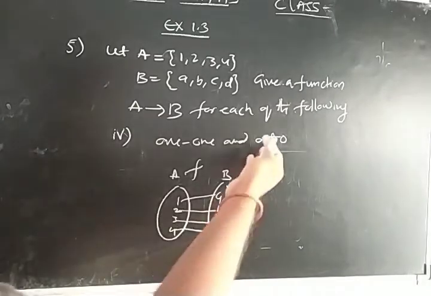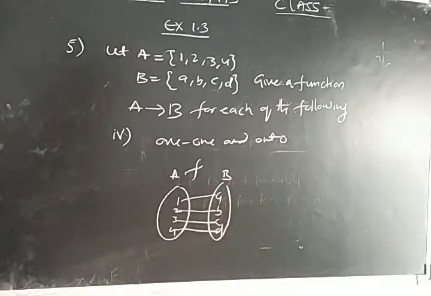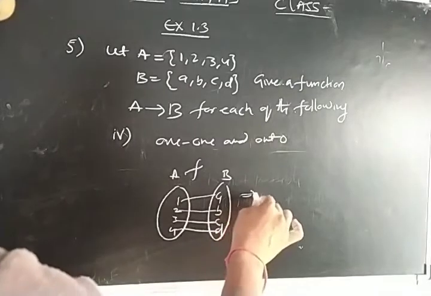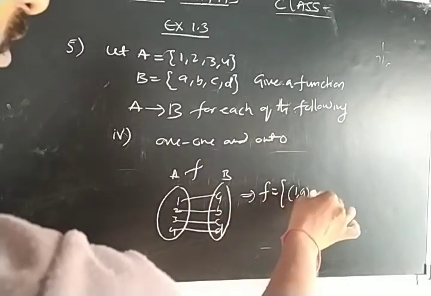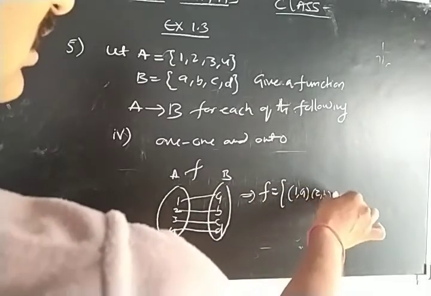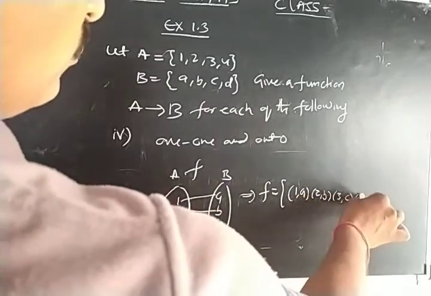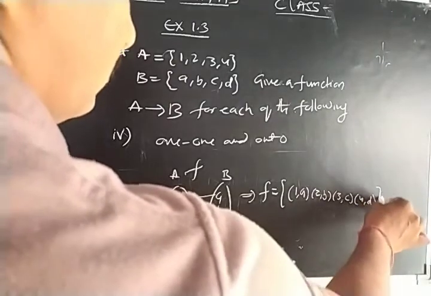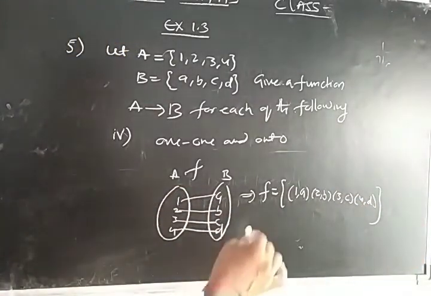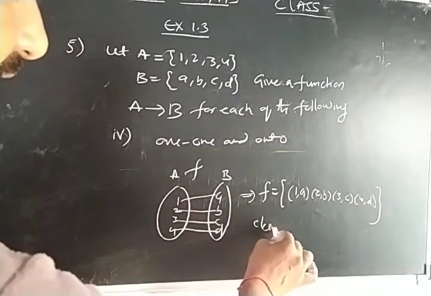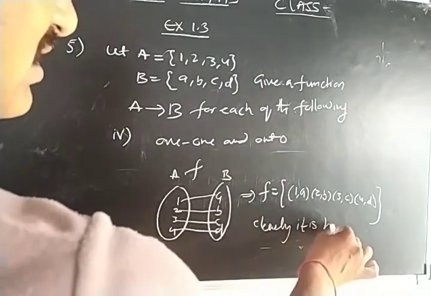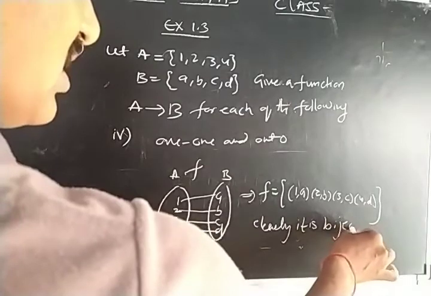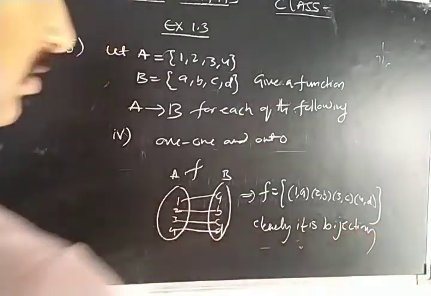Okay, one-one. Now check onto, every codomain element having a pre-image. So it is onto. One-one and onto. So clearly you can write f as 1 related with A, 2 related with B, 3 related with C, 4 related with D. Clearly it is bijection. Bijection means both one-one and onto.